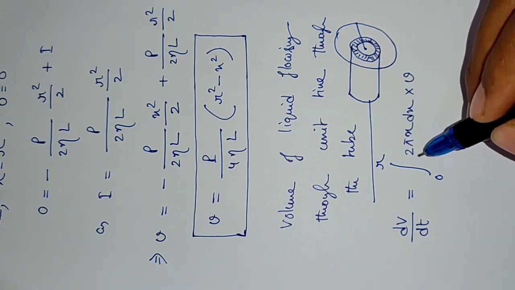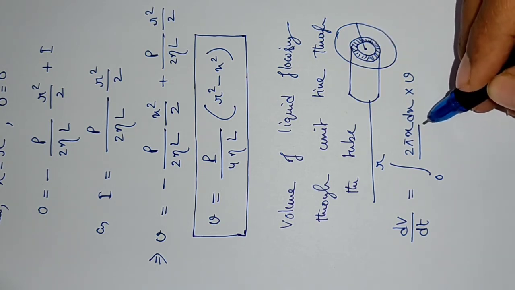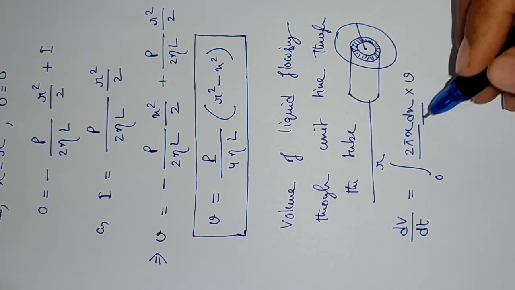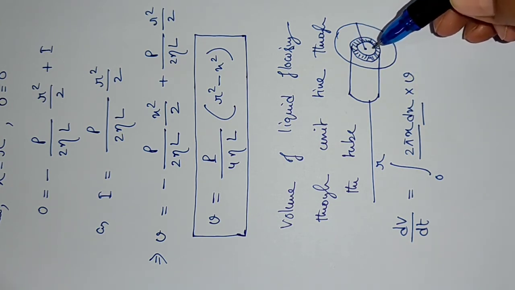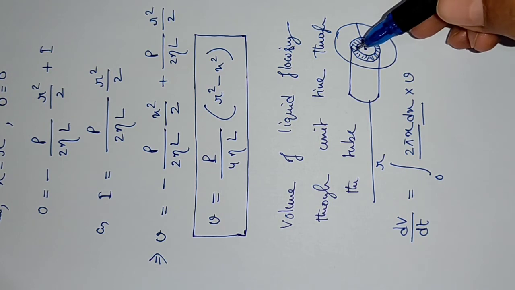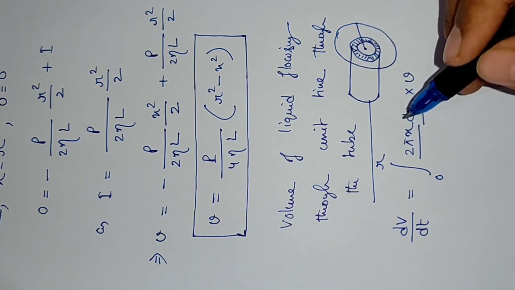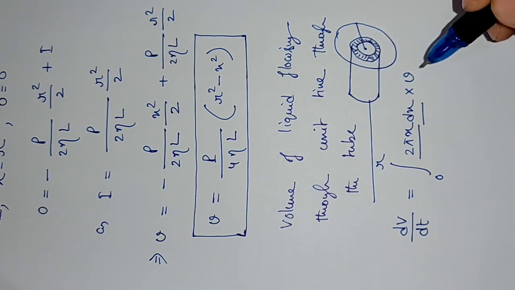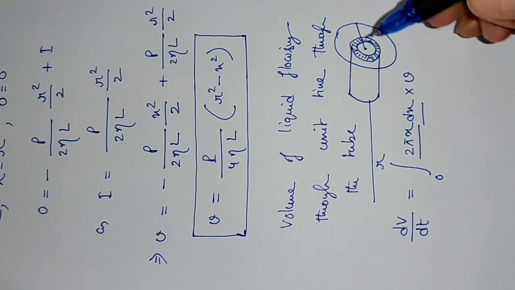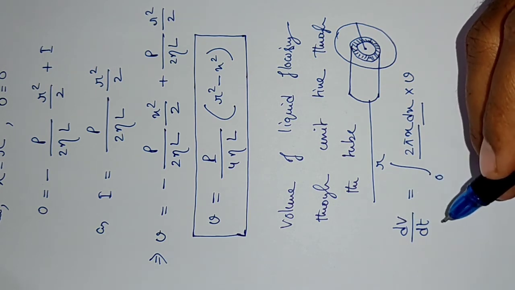Then this 2 pi x is the circumference, and multiplied by dx, when dx is very small, it will be the concentric area. When it is multiplied by v, it will be distance travelled multiplied over this area, so it will be centimeter square into centimeter. So it is the volume of the concentric cylinder per unit time, and when it is scanned from 0 to r, it will give the entire volume per unit time.